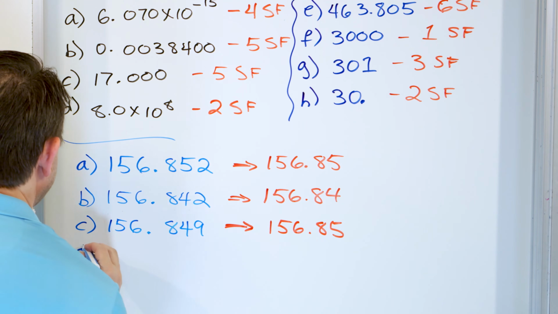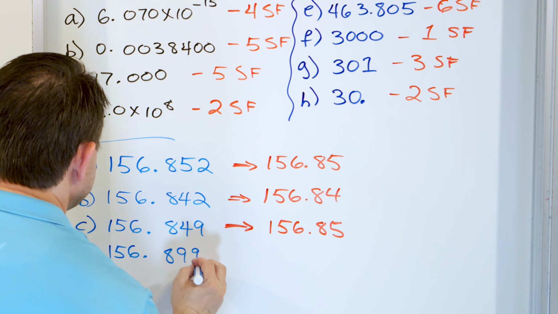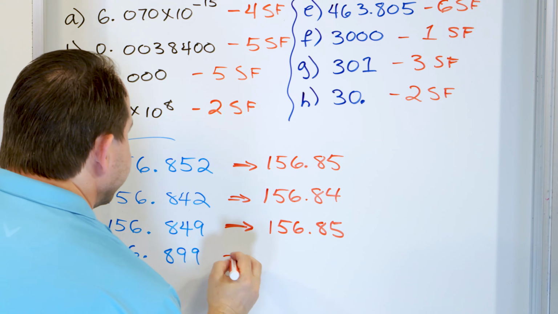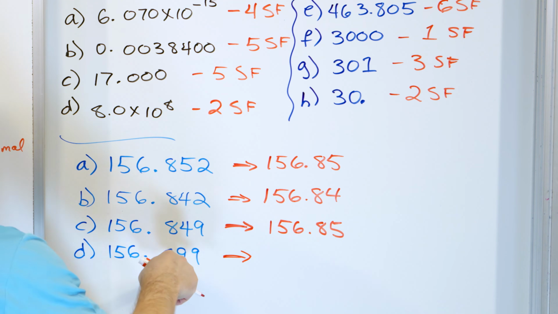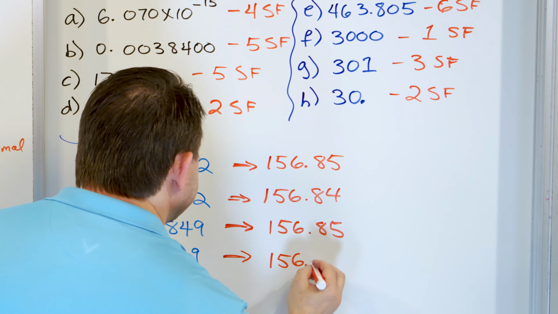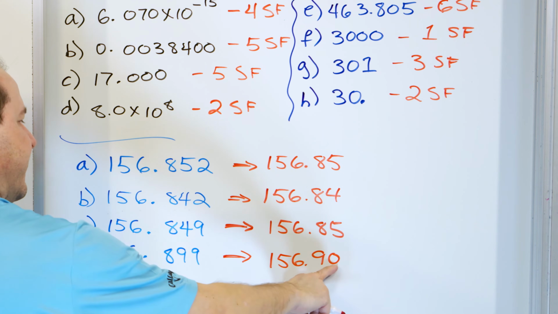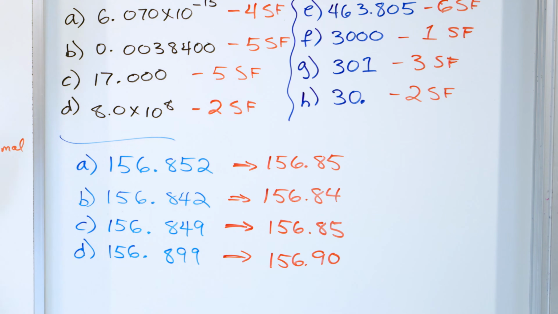And then finally, for our last one, we have 156.899. So the fifth position is here, and it's a 9. The next one over is going to flip it over, so this has to roll over to a 90. So 156.90. And notice that this is significant because it's a trailing 0 with a decimal, so there's still 5 significant figures in this answer.